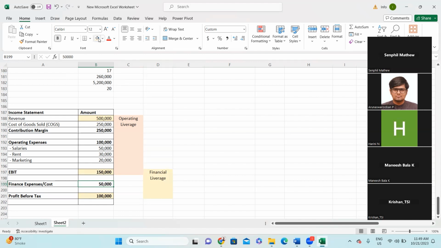We'll be understanding in detail with a lot of examples as well as the mathematical calculation plus the formula. But at a high level, the thing which is changing your profit because of sales minus all the operation-related expenses is called operating leverage, right?